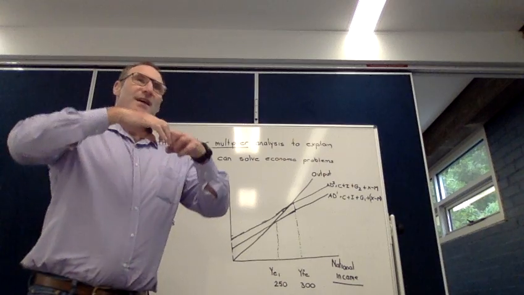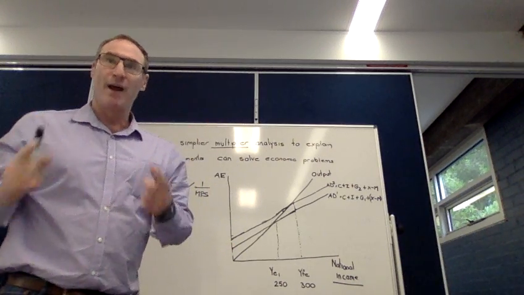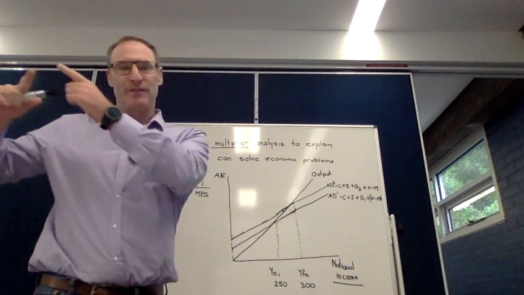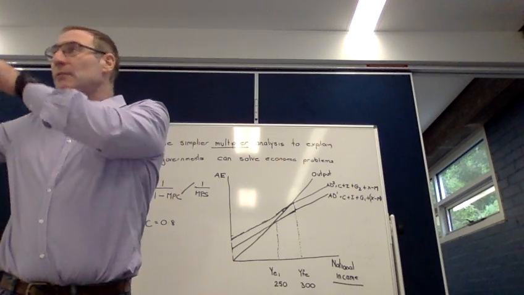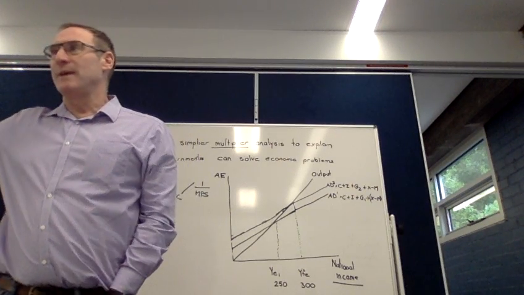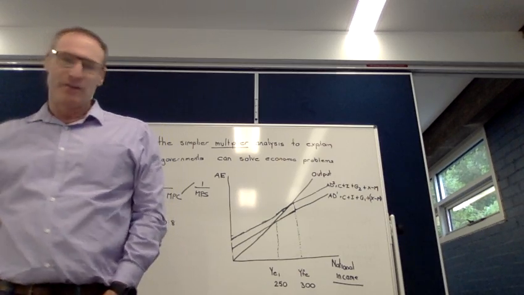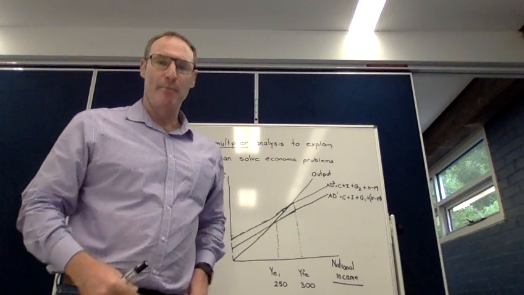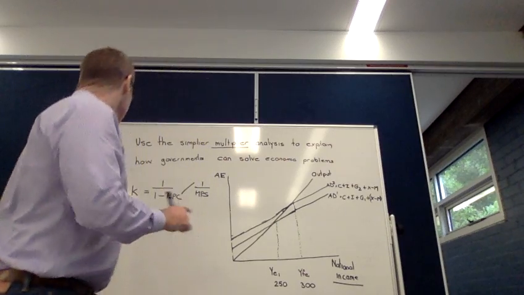So if we change aggregate demand, there will be these multiple rounds of spending because one person's income becomes the next person's spending, which becomes their next person's income. So through these multiple rounds in the economy, you get a greater than proportional increase in national income.